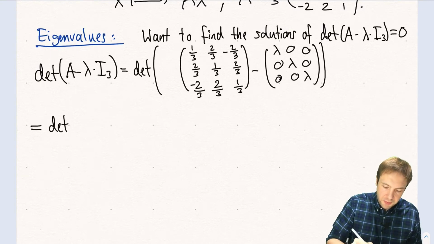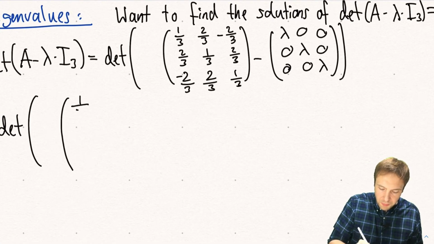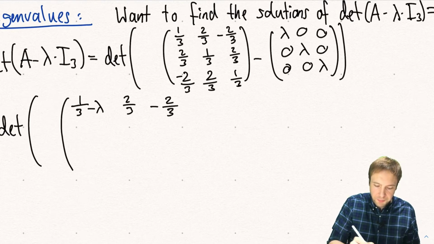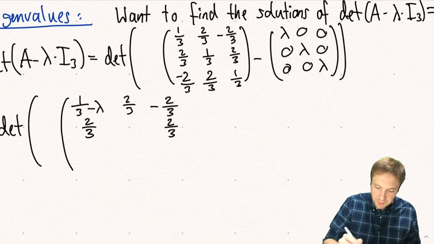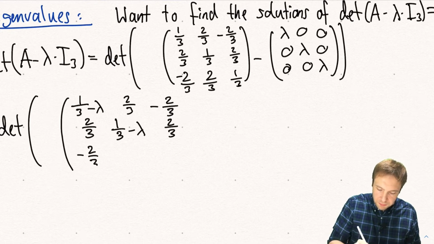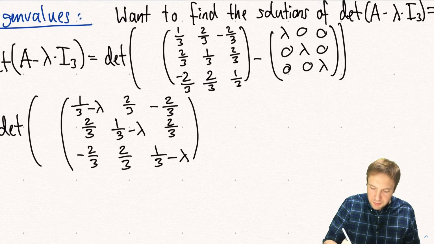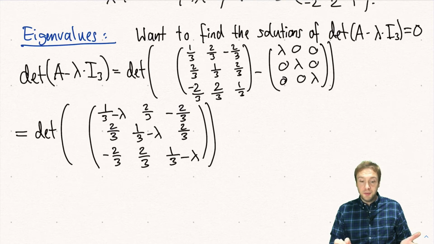This is the determinant of 1/3 minus lambda here, 2/3, minus 2/3, 2/3, 1/3. Oops, here I forgot the lambda. So on the diagonal we just subtract the lambda, and 1/3 minus lambda. So we want to calculate the determinant of this 3×3 matrix and then see what are the values for lambda such that this is 0.